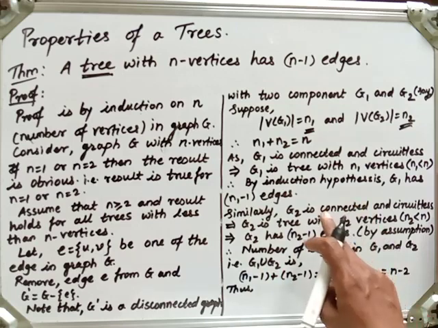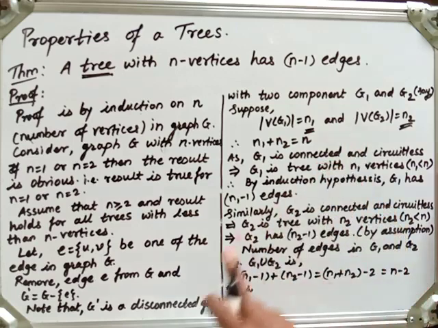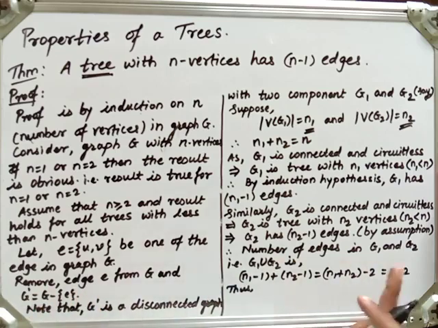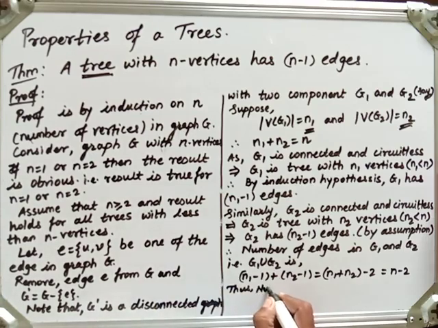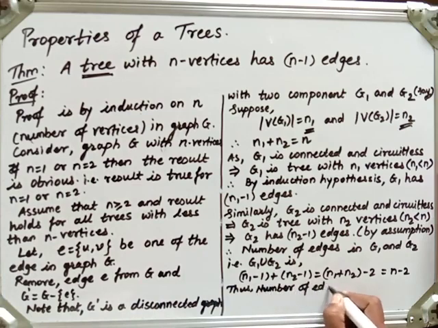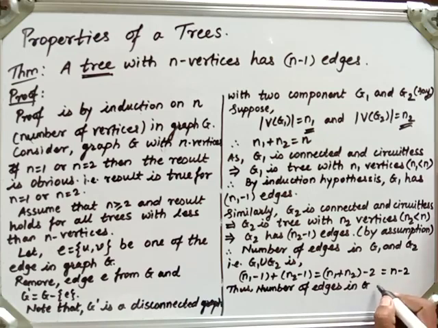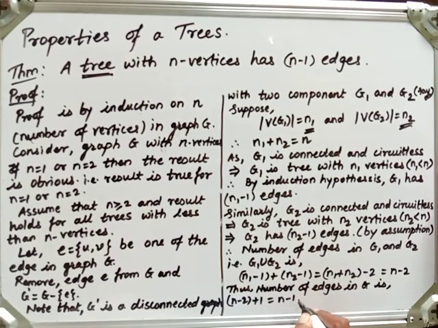But how have we formed these components G1 and G2? By removing one of the edges. So if we add that edge again here, then that gives us the number of edges in G. Therefore, the number of edges in G is N minus 2 plus 1, and that is equal to N minus 1.